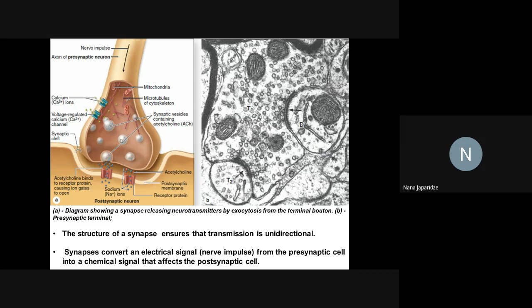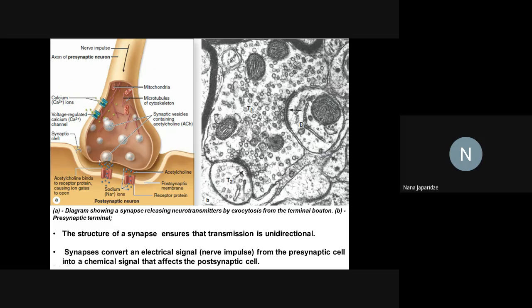We have here two types of mechanism of synaptic transmission, both of them very effective. In one, the synaptic vesicle is fully fused with the membrane and releases its transmitter outside.